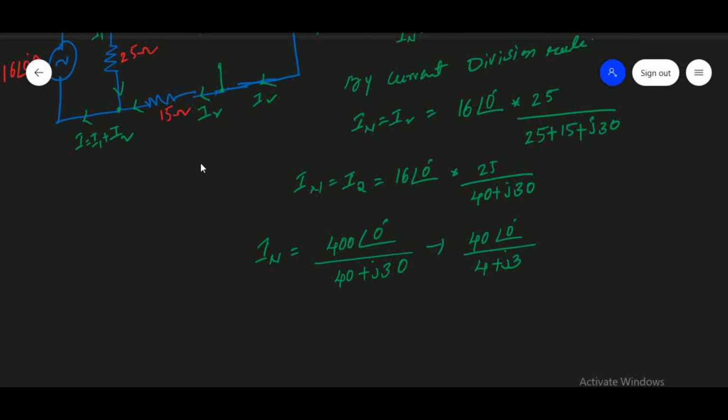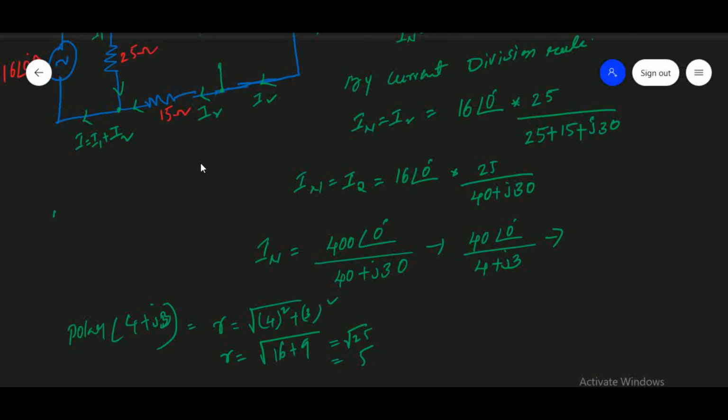The polar form of 4 plus j3: R is equal to the square root of 4 squared plus 3 squared, which is the square root of 16 plus 9, the square root of 25, which is 5.